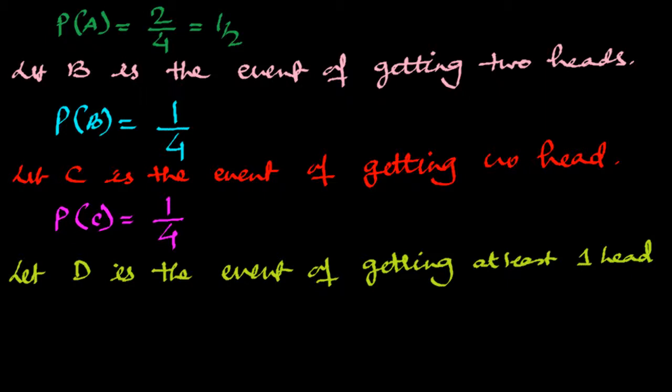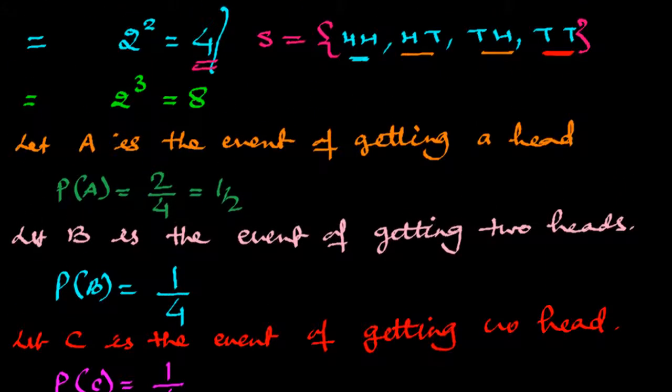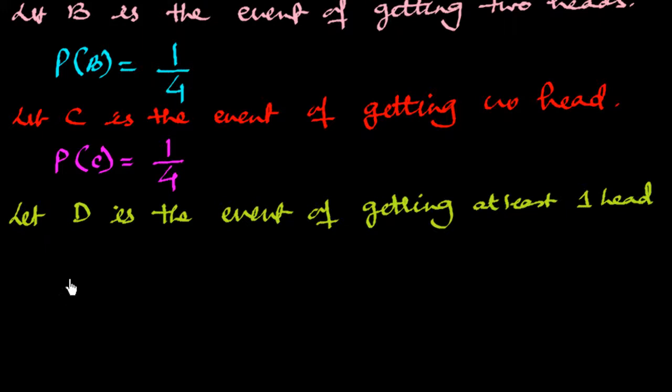So how many favorable outcomes do we have? We have 1 head and 2 heads, so we have 3 favorable outcomes. So the probability of D is equal to 3 over 4. In this way, we can easily find the probability of compound events if we know the sample space of those events.